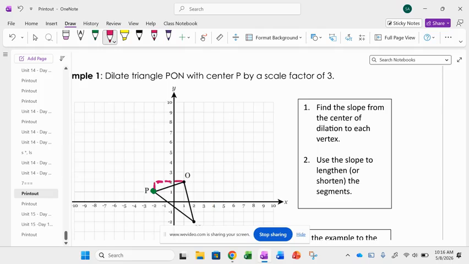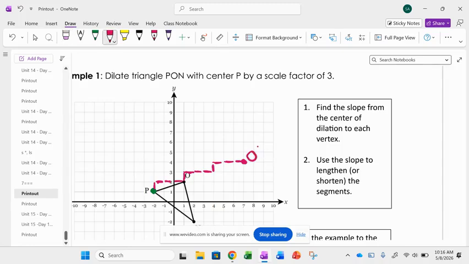If we're scaling it by 3, we're going to do that slope 2 more times for a total of 3 from the center of dilation to the point. So from P to O, I'm going up 1 to the right 3. That's 1. Then up 1 to the right 3 again. That's 2. Then up 1 to the right 3 again. That is 3. So there is my O prime.